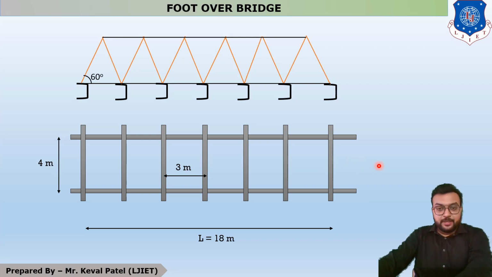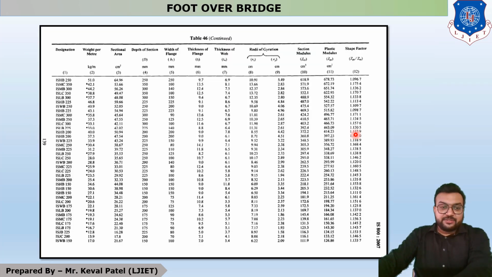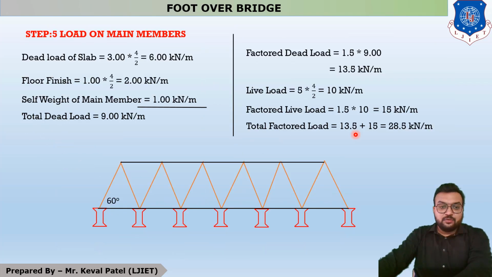You can see that this is 4 meter length, so half of the load is transferred to this length and half of the load is transferred to this length. Now from 4 meters, 2 meters load is taken by this length and 2 meters load is taken by these members.